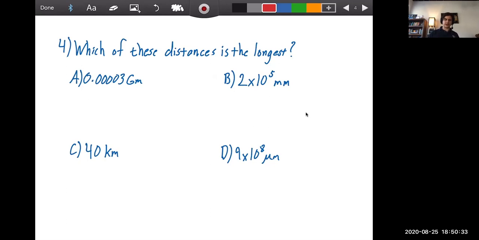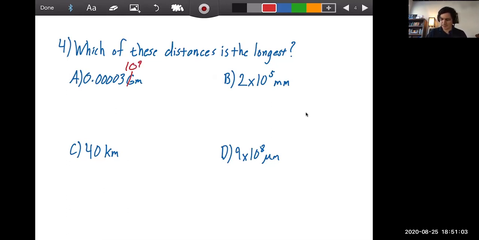Seems like a very, very complicated question. But what I want to do is exploit my knowledge of what these prefixes are. The first thing I'm going to do is compare all of these in a common unit. Let's just go to the base unit, the meter, and I'm going to get rid of the letters. Here we have gigameters, but I know that's 10 to the 9th meters.